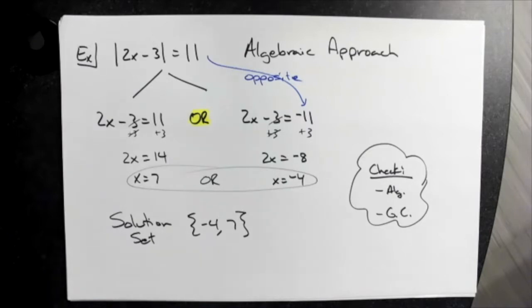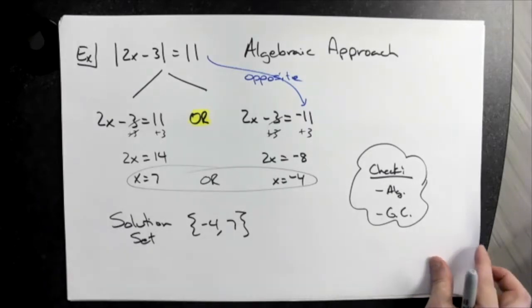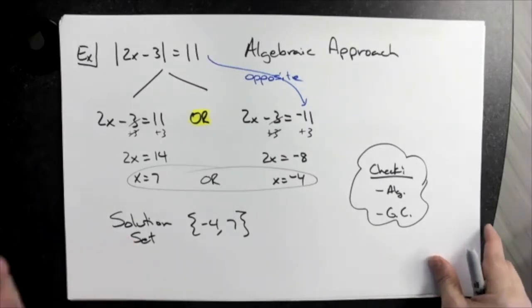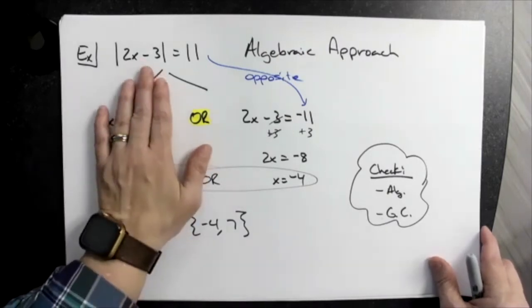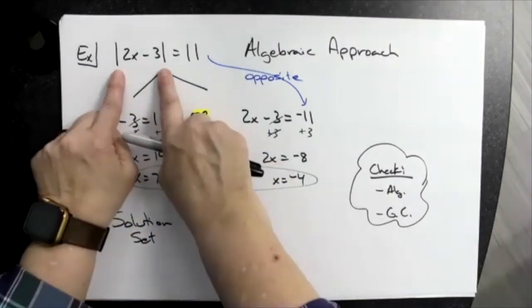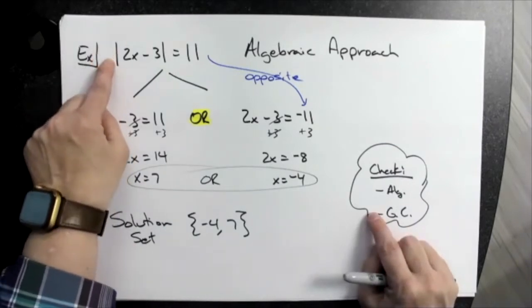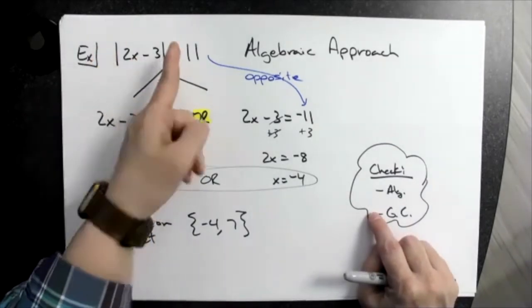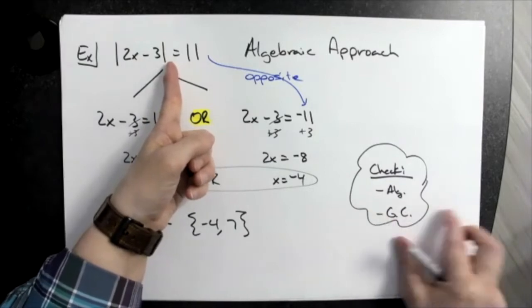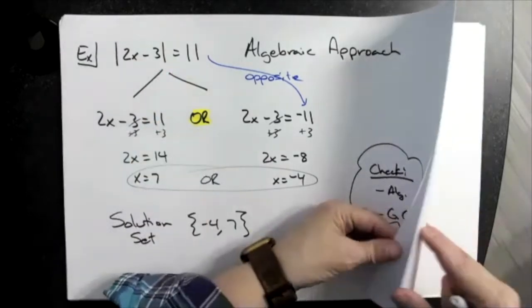Now, there is one additional note that's got to be made. This problem right here, the absolute value bars on the left-hand side are isolated in the sense that there's no number being multiplied in front, and there's no number being added or subtracted in between the absolute value bars and the equal sign. That's an important thing.